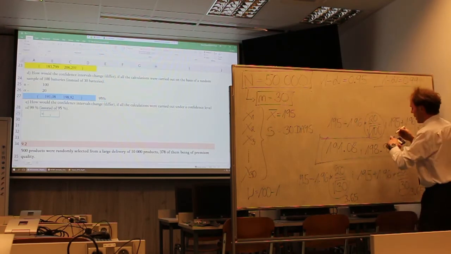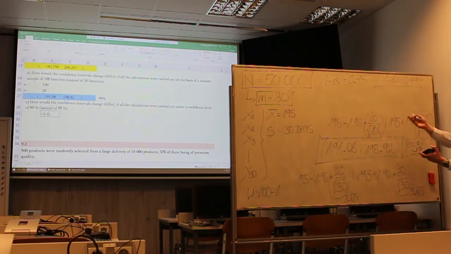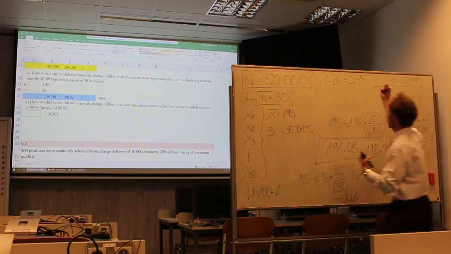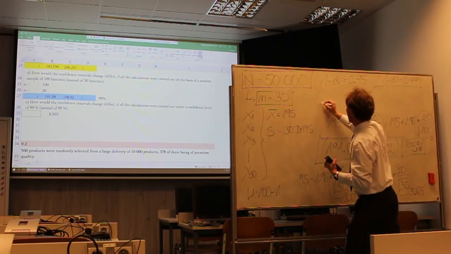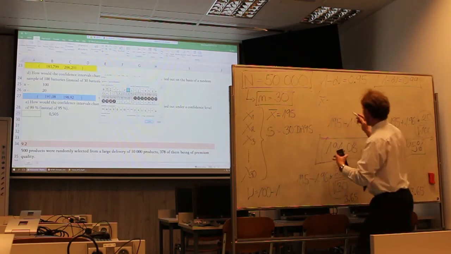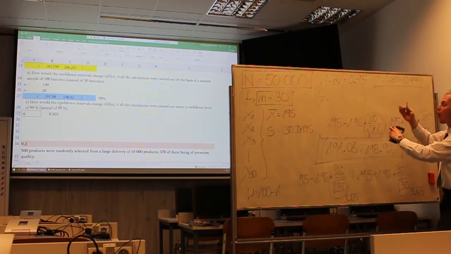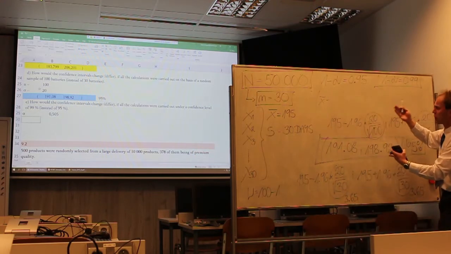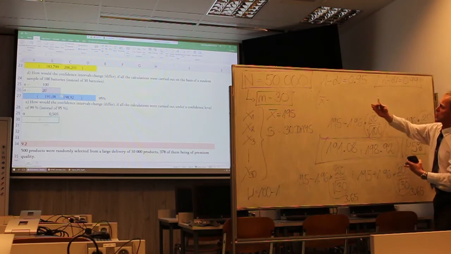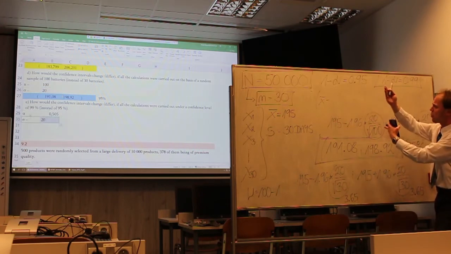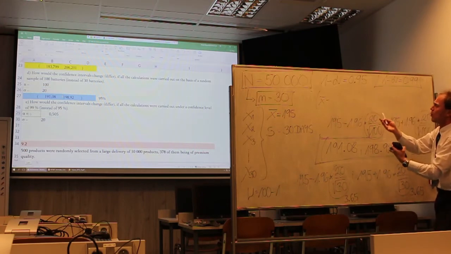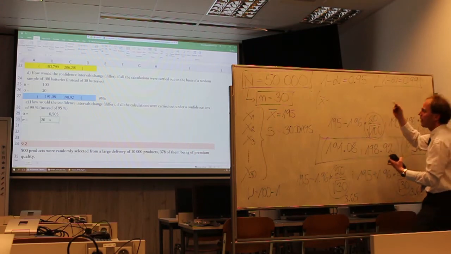Okay, so where is the difference? In the quantile. We know that the formula is x with stripe minus, and we will use known standard deviation, known sigma squared. So I will use the confidence interval with standardized quantiles.